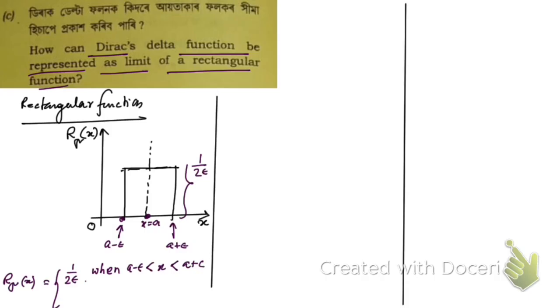That means when the value of x is lying between a minus epsilon and a plus epsilon, then the value of this function is 1 by 2 epsilon, and outside this region it is equal to 0, if x is less than a minus epsilon and x is greater than a plus epsilon, right?